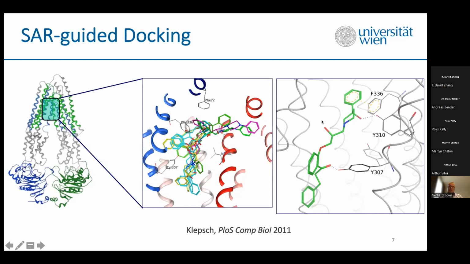We don't see any interaction with the propanol hydroxy group, which is also according to what we see in SAR. And we have this hydrogen bond from the tyrosine 307 to this carbonyl group. And we know from our studies the carbonyl group is also important. And we know from the other side, from mutagenesis studies, that these two tyrosines play a role in ligand interaction and ligand recognition. So this is a binding pose, more or less derived from ligand-based SAR knowledge we gain in ligand-based studies.